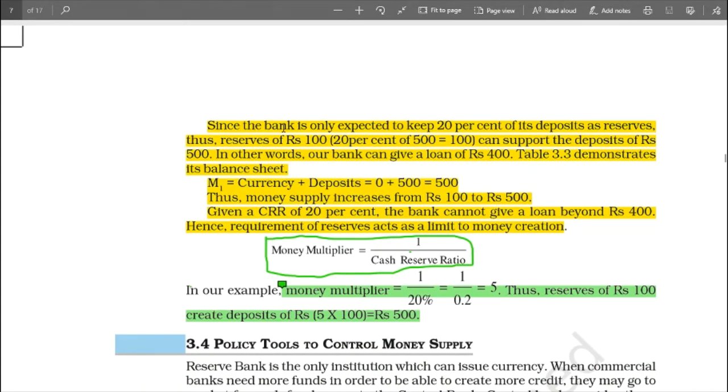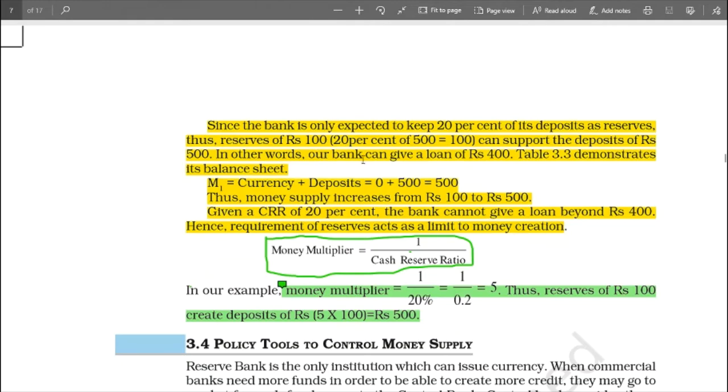Since the bank is only expected to keep 20% of its deposits as reserves, thus reserves of 100, which is 20% of 500, can support the deposit of 500. From 100 of deposits, if it keeps on creating loans and deposits, that will amount to 500.